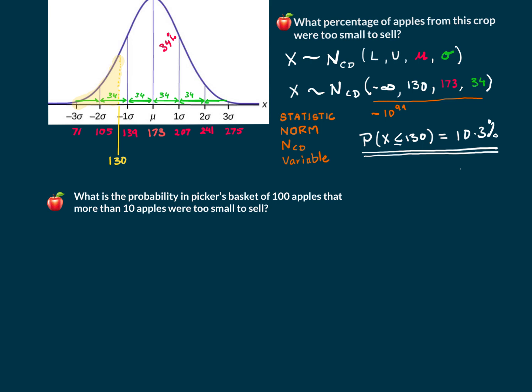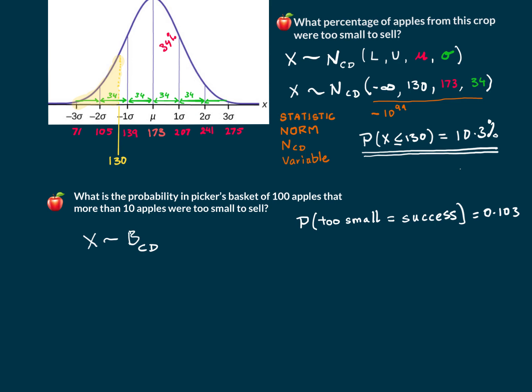And when you hear the word success and failure, you automatically start to think about binomial distribution. In this case, you are looking at the probability of it being too small as success. And this problem is also easily done on the calculator in the statistics mode, where X this time is distributed binomially. And the distribution will be cumulative, because you're looking for more than 10 apples that were too small.